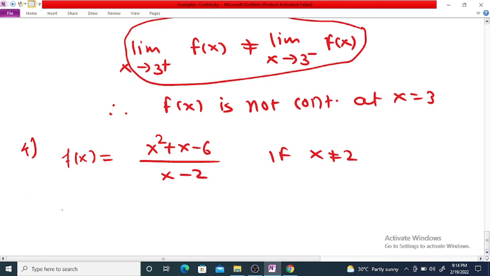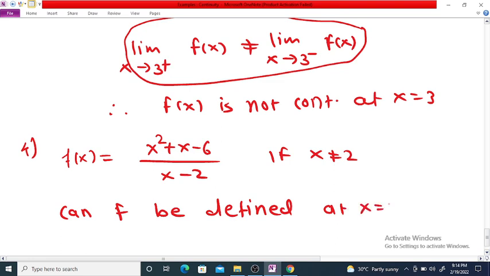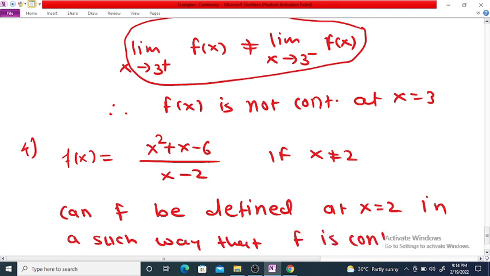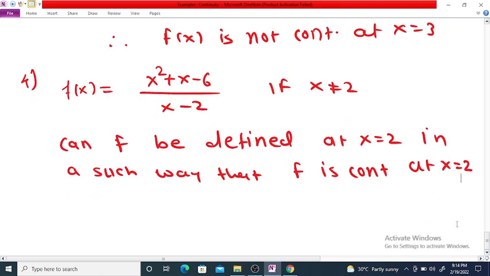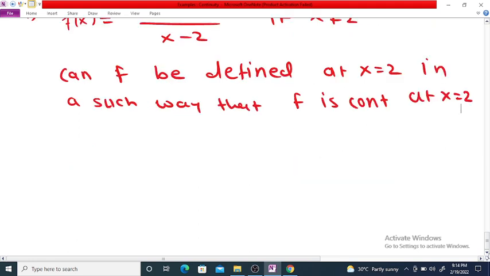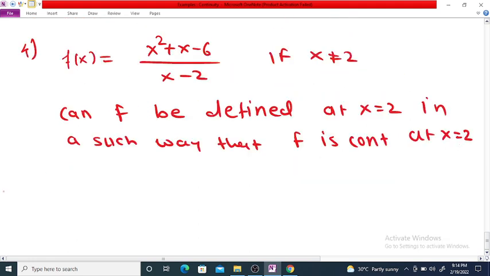Can f be defined at x equal to 2 in such a way that f is continuous at x equal to 2? So we want to define f(2) such that the given function will be continuous.